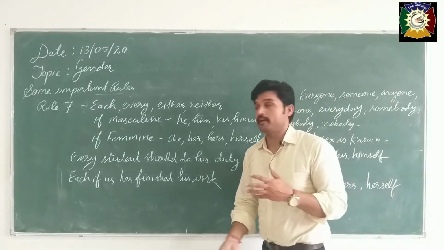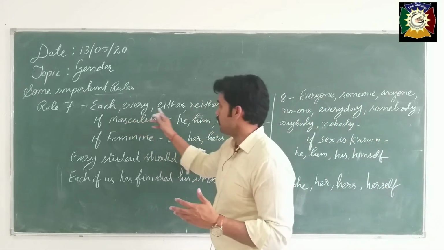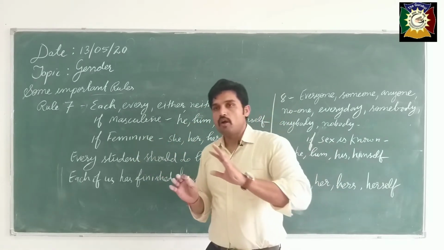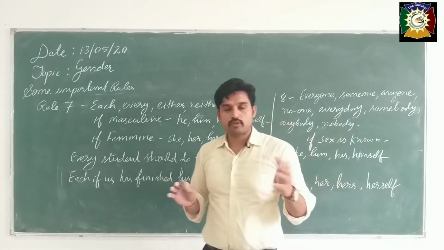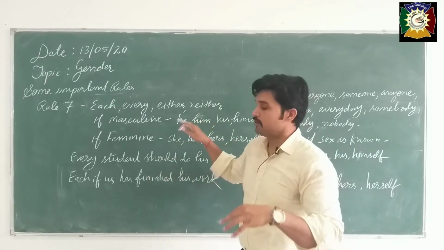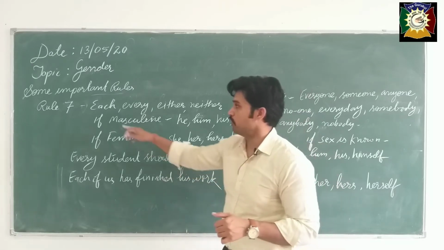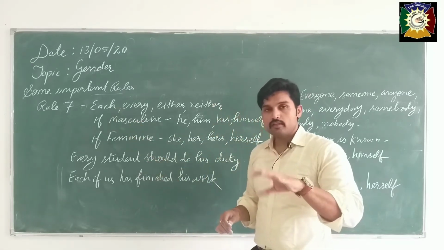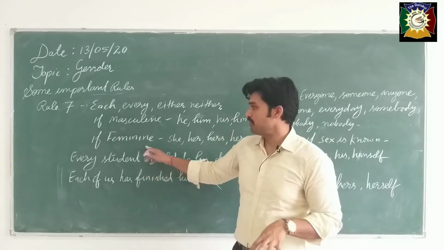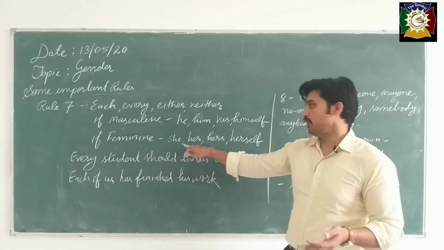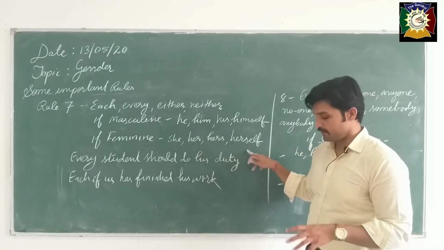On the other hand, if you are addressing somebody, for example, we or all of us, or neither of us, or either of you, or each one of you, when the specified person belongs to feminine sense, then you are likely to use she, her, hers, herself.